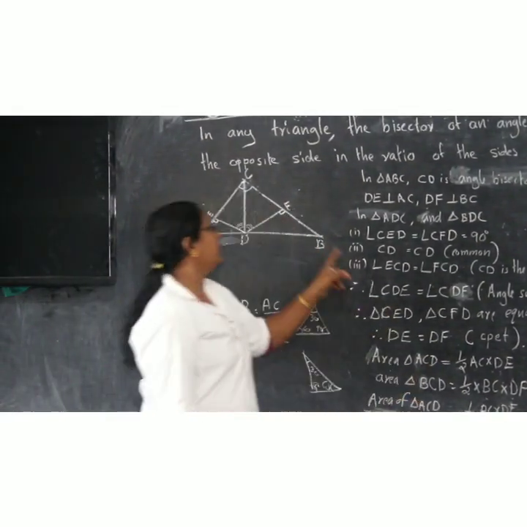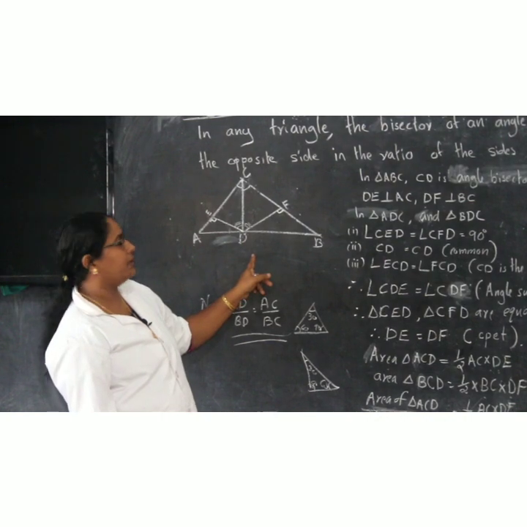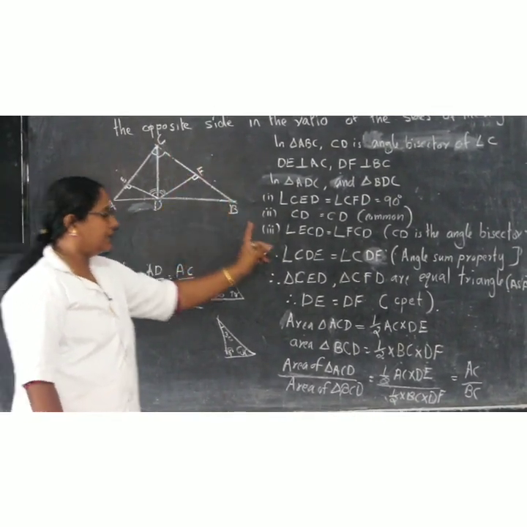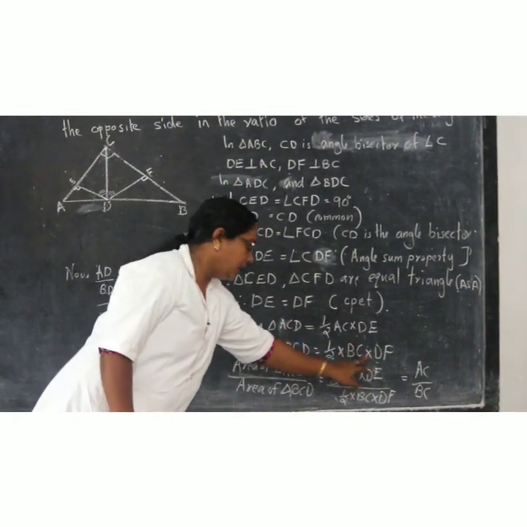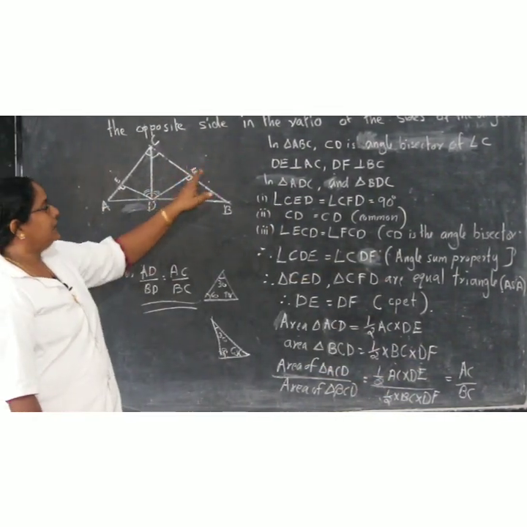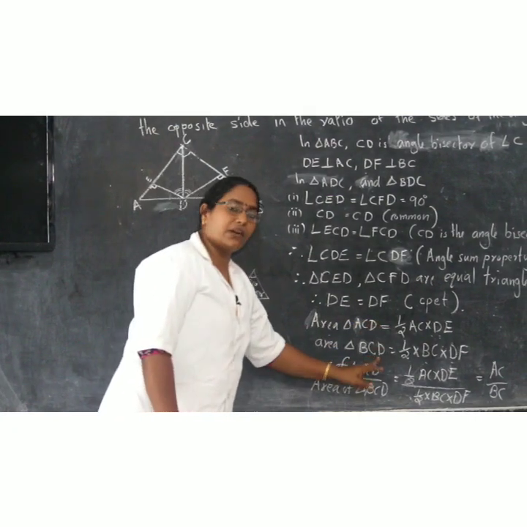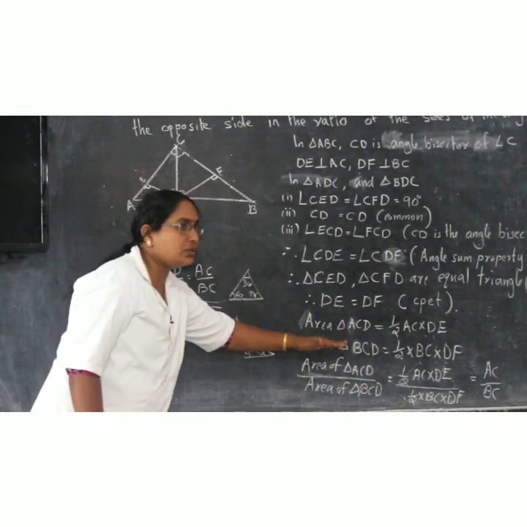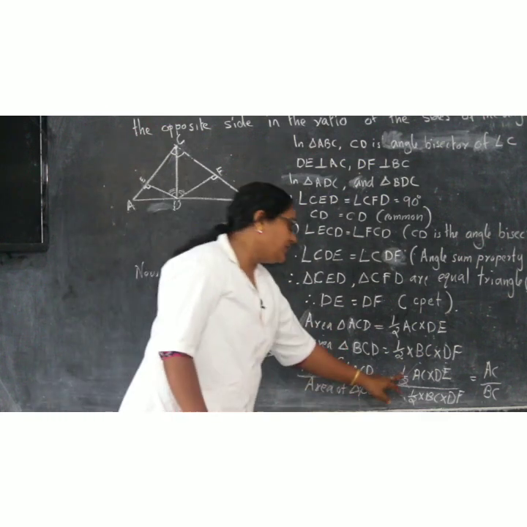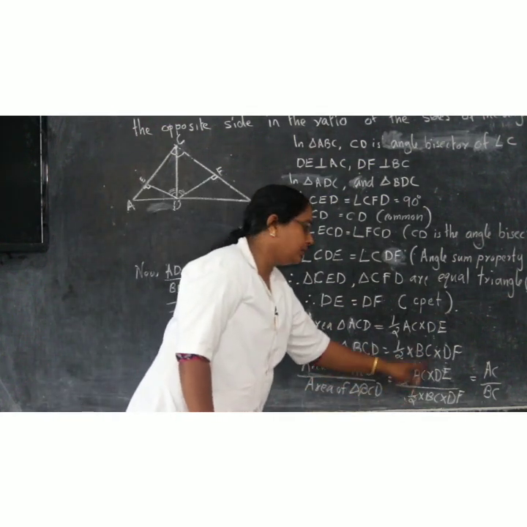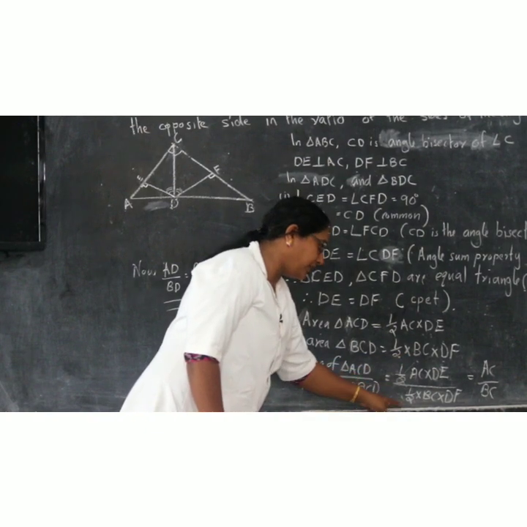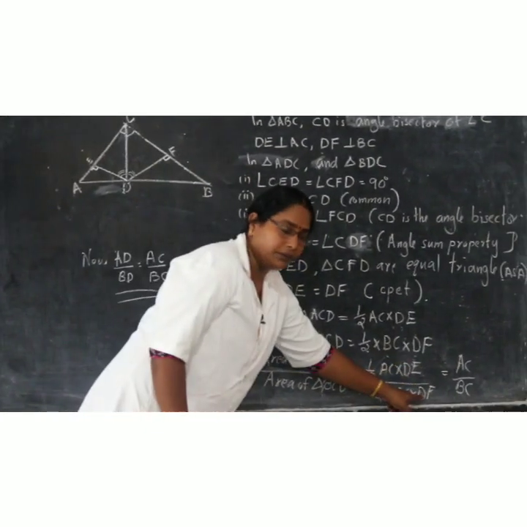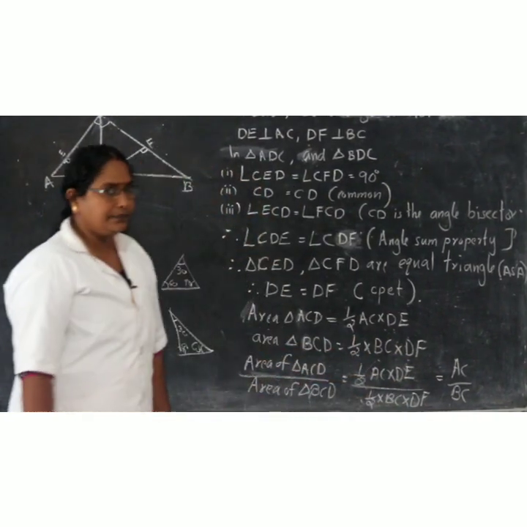Similarly, area of BCD. How to find it? Half into base. What is the base? BC, into height DF. Therefore, you have found the two areas. Then find the ratio: half into AC into DE divided by half into BC into DF. The heights are equal, therefore these are cancelled.